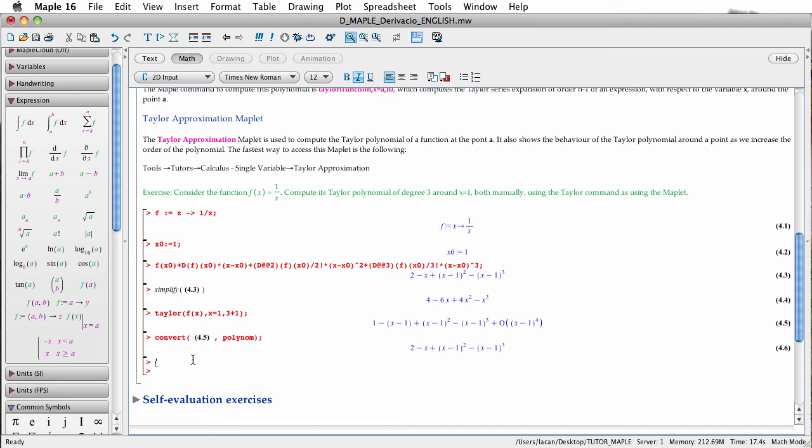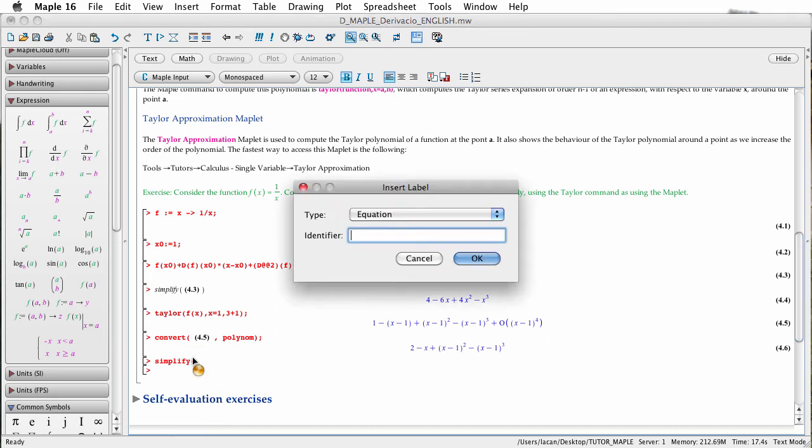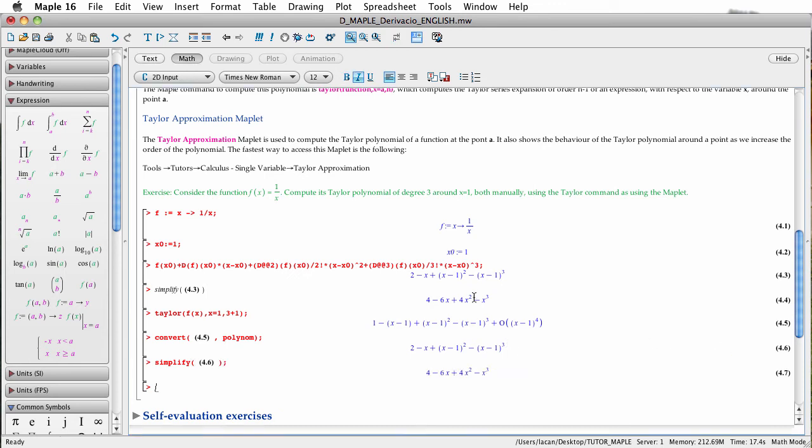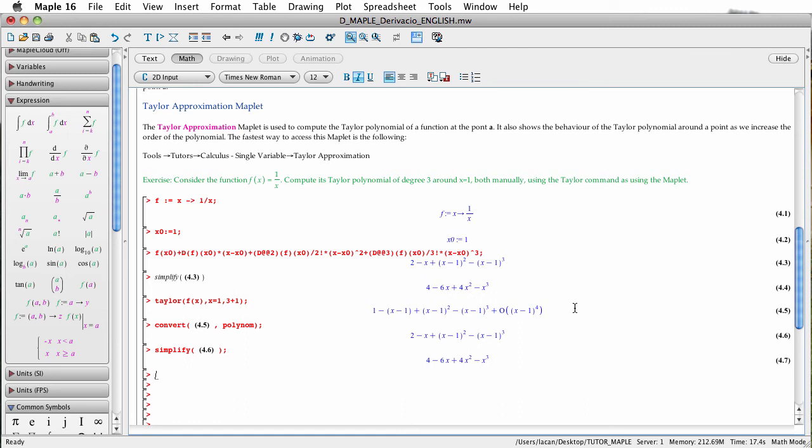And now if I want to simplify it, I'm going to simplify, Control L, equation 4.6, and we get the same results. Okay, so you now have two options to compute the Taylor polynomial: by hand or by using the Taylor command plus the convert. And the only thing you need to know is that you have to use one or more.